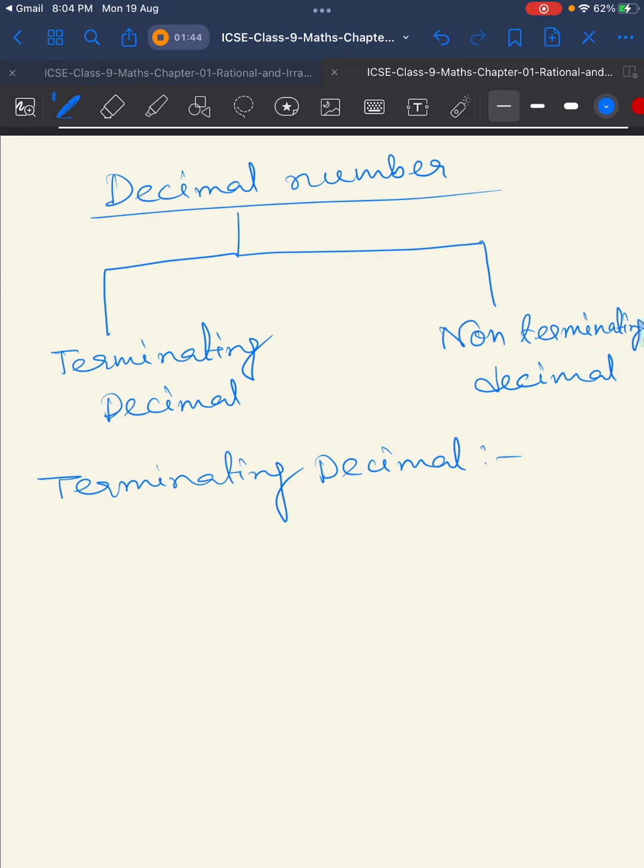If the division is exact and no remainder is left, the quotient of such division is called a terminating decimal.